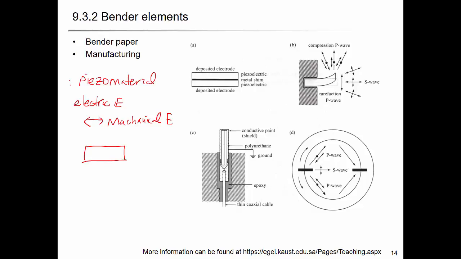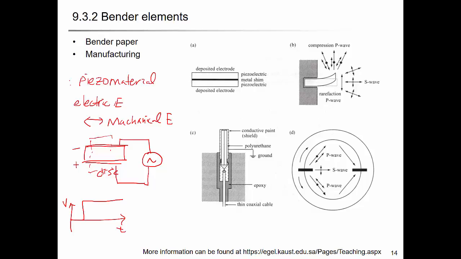So let's say that this is a disk of the disk type piezo material, and this is the plus, and this side is the minus, and you apply the voltage using the signal generator. And if you apply, for example, the positive voltage to here, then it deforms like this.